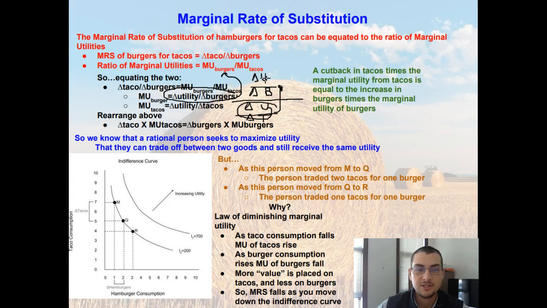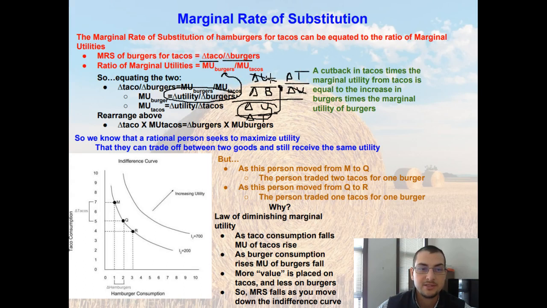We're going to take the change in utility divided by change in burgers times the reciprocal. That reciprocal is just basically taking this fraction and flipping it upside down. So now we have the change in tacos divided by change in utility. We can cancel out both these changes in utility, and lo and behold, guess what we have? We have the change in tacos divided by the change in burgers.